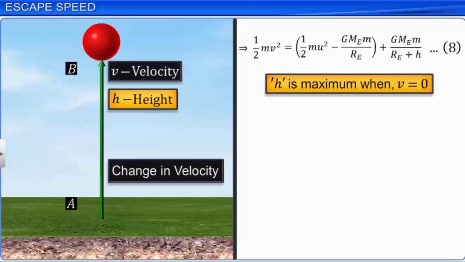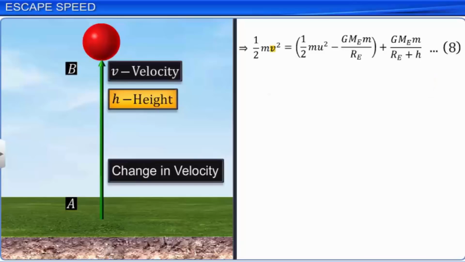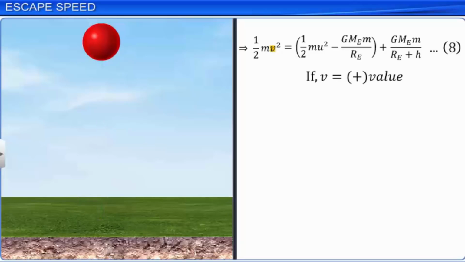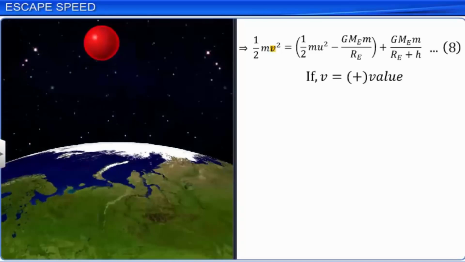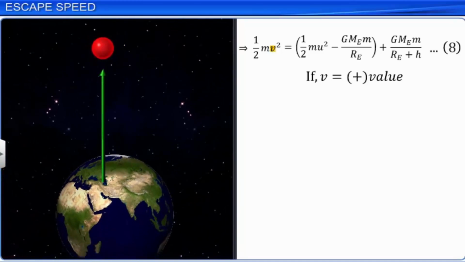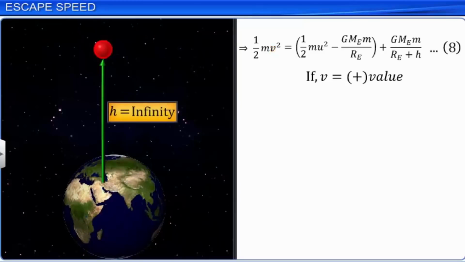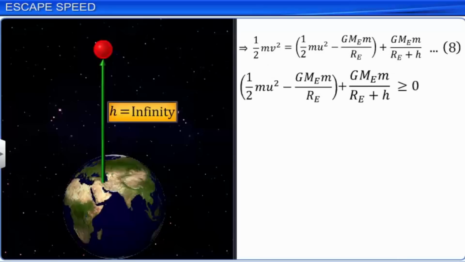In case velocity v always has a positive value, then the body continues to move vertically upwards, thus increasing the value of h to infinity, which eventually happens when the body escapes the gravitational field of the Earth. This is possible when the combination of the terms in the right side of equation 8 is greater than or equal to 0 for any value of height h.